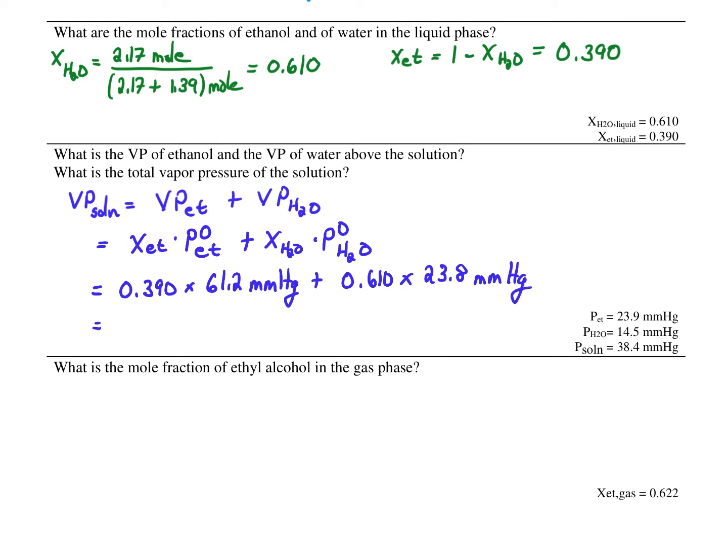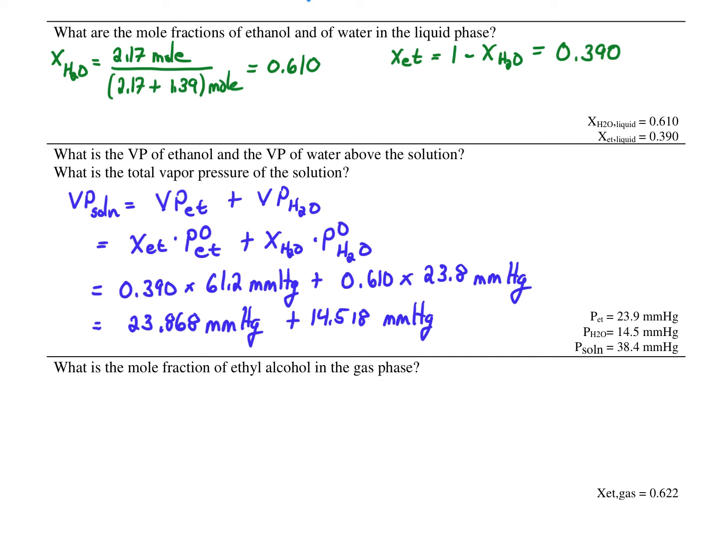Okay, so mathematically, this comes down to be 23.868 millimeters of mercury for ethanol and 14.518 millimeters of mercury for water.